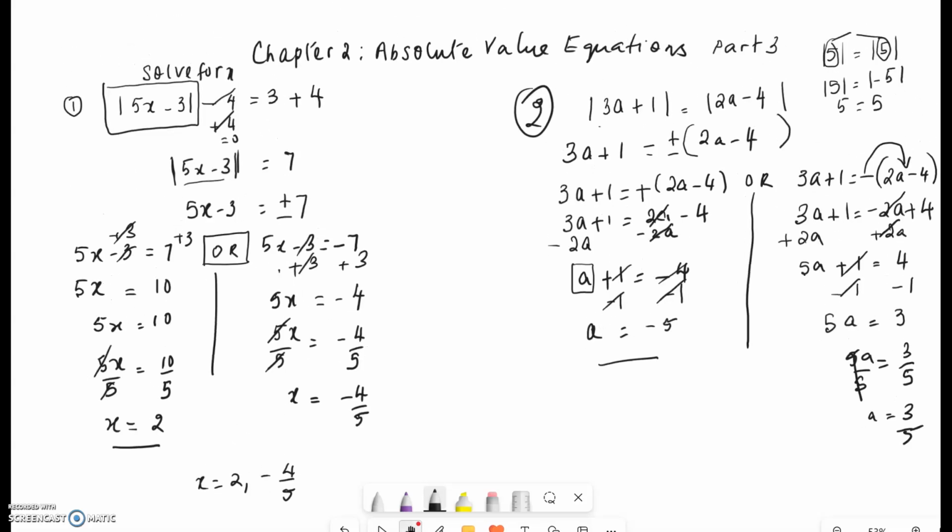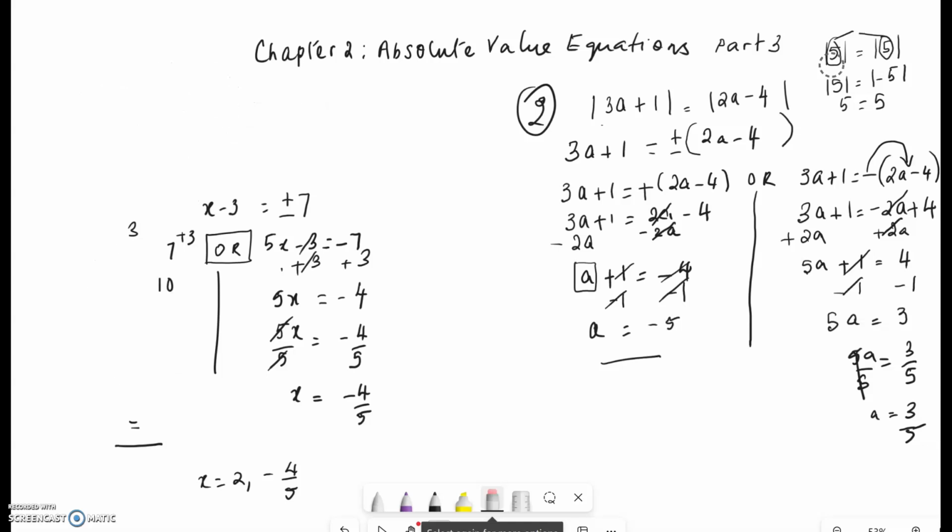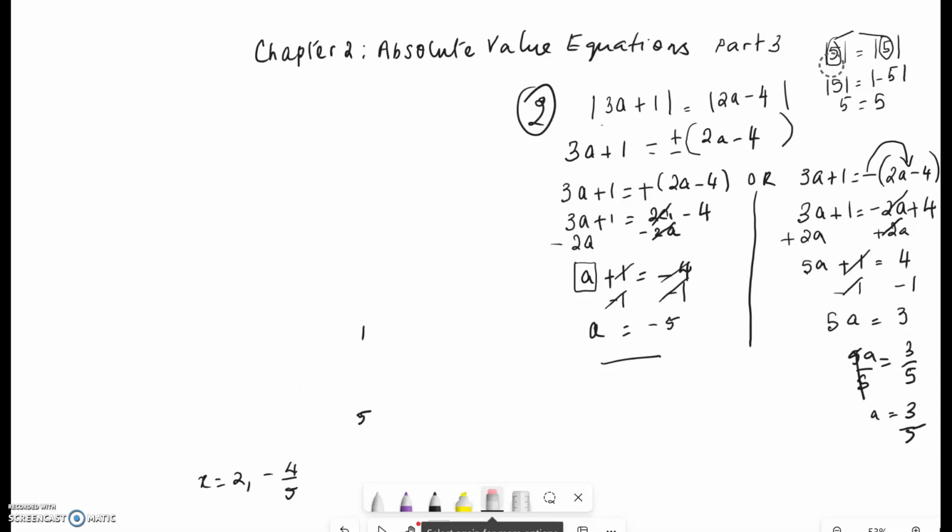Let's do one more. Let's look at this one. The absolute value of x minus 1/3 is equal to the absolute value of half x plus 1/6.